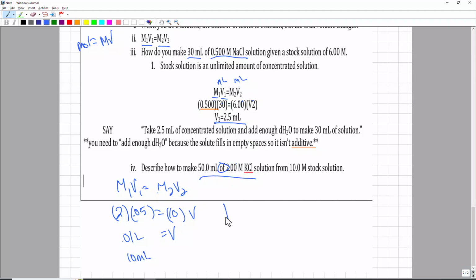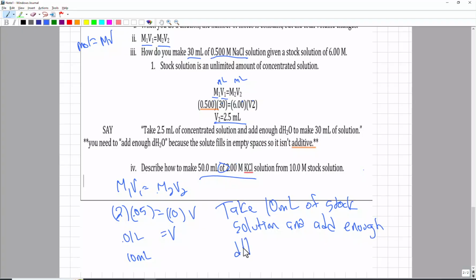So I take this answer, 10 milliliters or 0.01 liters of stock solution, and add enough distilled water. Distilled water just means it's water without junk in it, to make 50 milliliters.